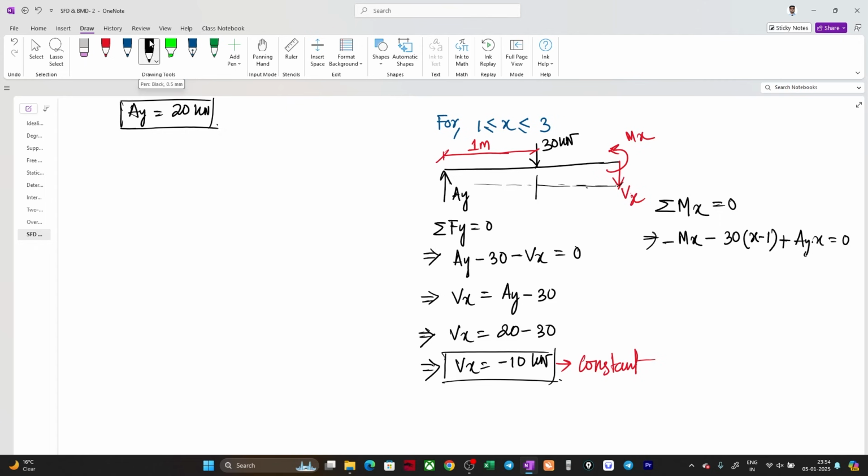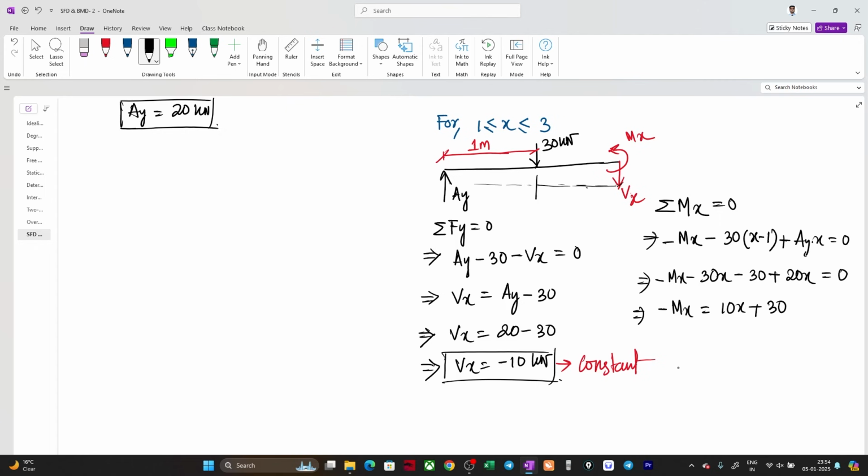Now we know Ay is 20, right? So we get minus Mx minus 30x plus 30 plus 20x equal to 0. So here we got 10x, so minus Mx equals, no sorry, I made a mistake, it will be plus 10x plus 30. Did I make any mistake?